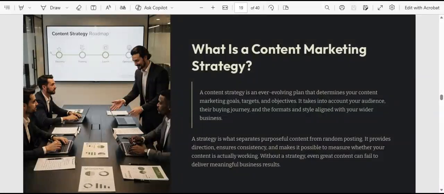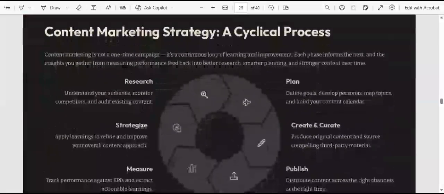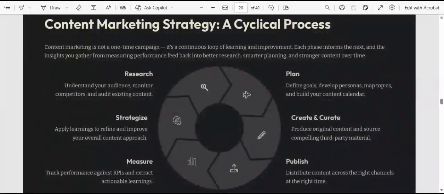A strategy is what separates purposeful content from random posting. You don't just wake up and start posting content. You have to be strategic. And content marketing strategy is a cyclical process. You have to plan for your content. You have to create and curate that content. You have to distribute and publish that content across the right channels at the right time.